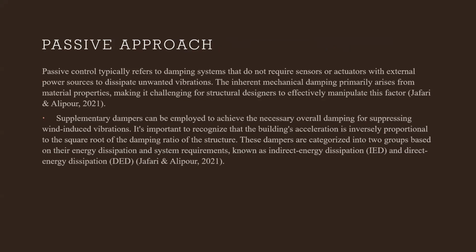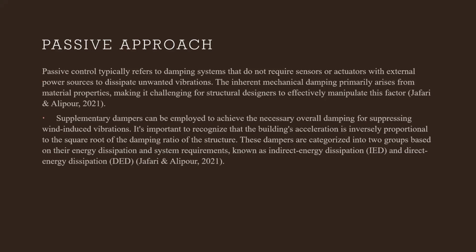And finally, we have the other kind of passive approach. This is another approach used to reduce wind-induced vibration in tall buildings. The definition is that passive control typically refers to damping systems that do not require sensors or actuators with external power sources to dissipate unwanted vibrations. The inherent mechanical damping primarily arises from material properties, making it challenging for structural designers to effectively manipulate this factor.